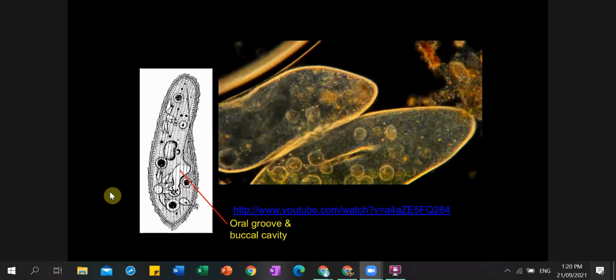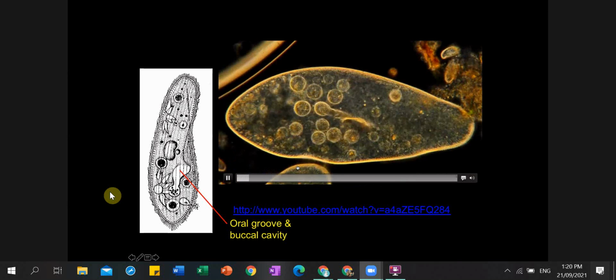Can you see any food there? There are some sort of small particles floating inside the bubble. Yeah, so you can see here, right? Where does it live? It lives in water, right? So how do they create the movement of water into the buccal cavity? Can you make a prediction?